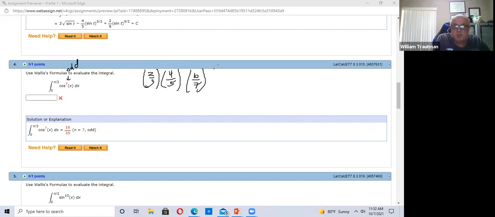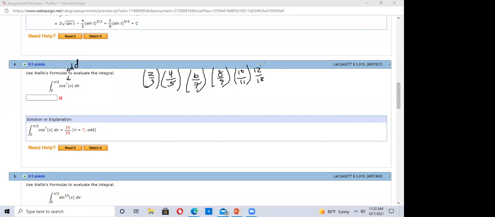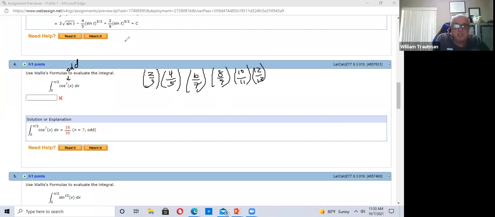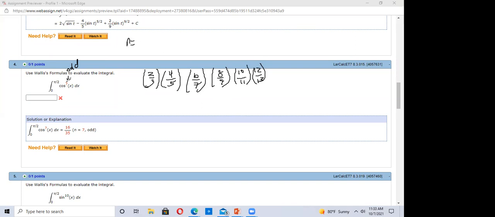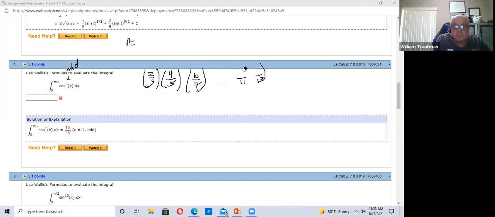When do I stop? Anybody know when I stop? When the top number becomes one less than the n. Remember, the formula was n minus 1. So 7 minus 1 is 6. So we don't need these. We stop right here.